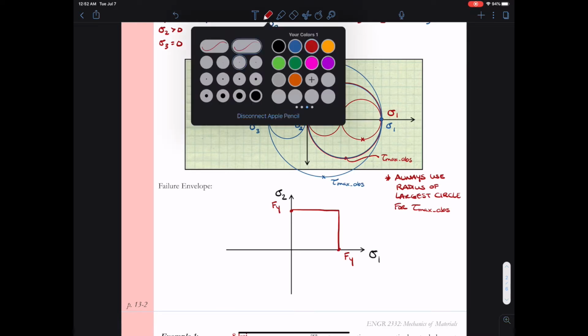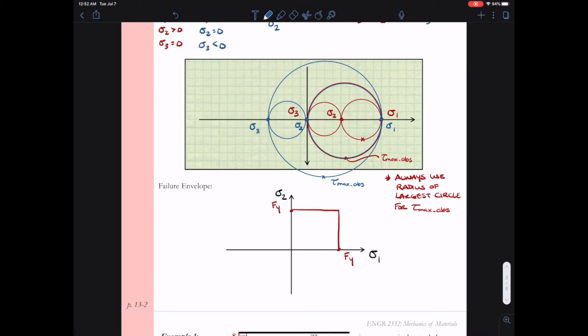However, in the case in blue, when sigma 3 is increasing, we start to lose some of that capacity because tau max absolute falls on that circle that connects the two biaxial stresses. And so therefore, in quadrants 2 and 4, we have a 45-degree line.